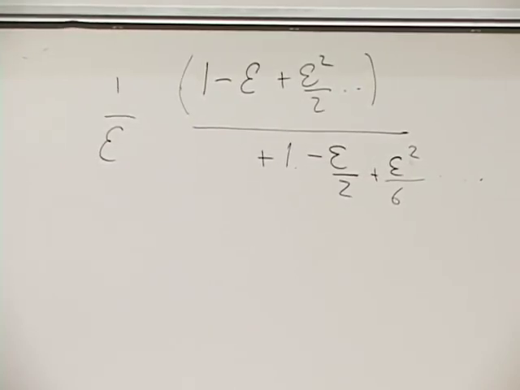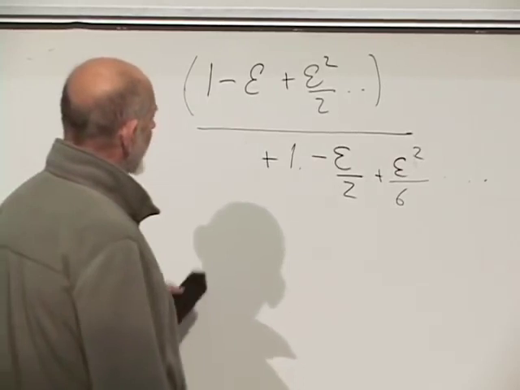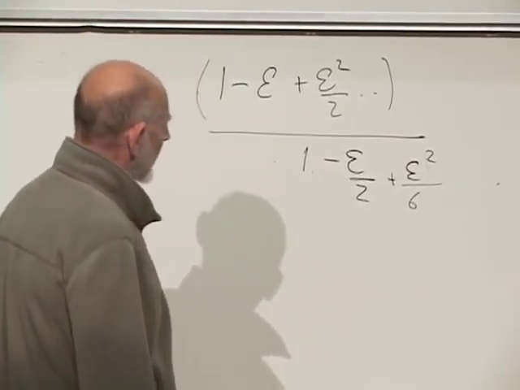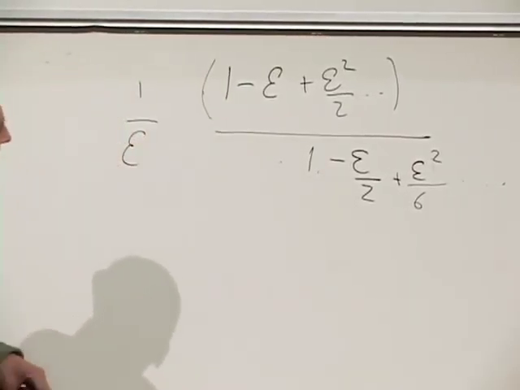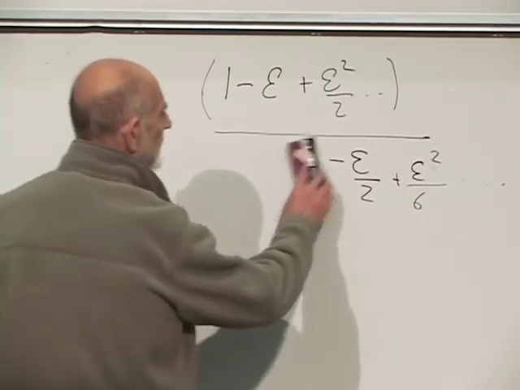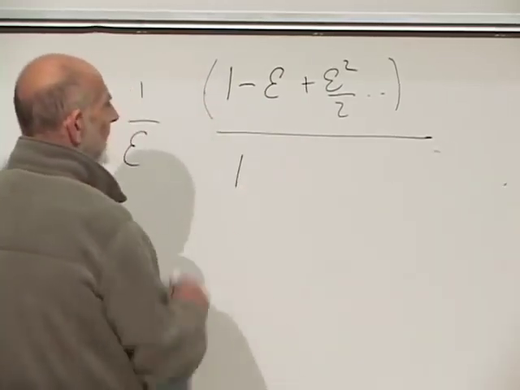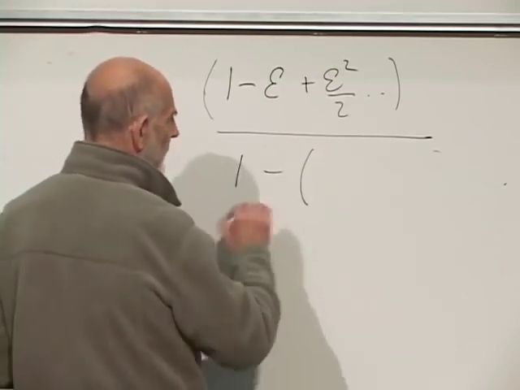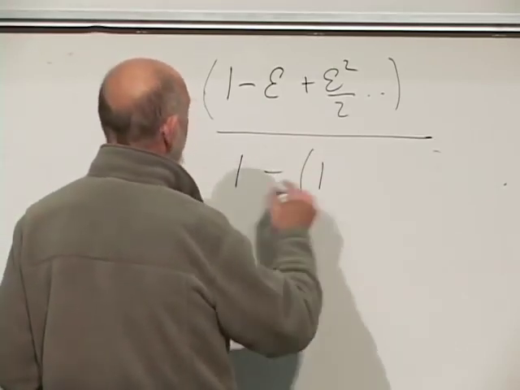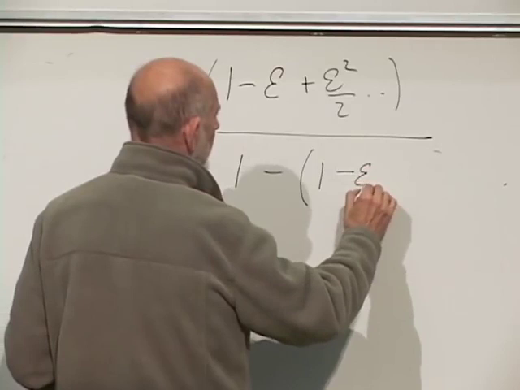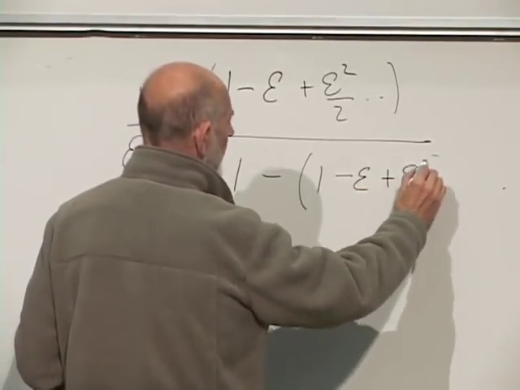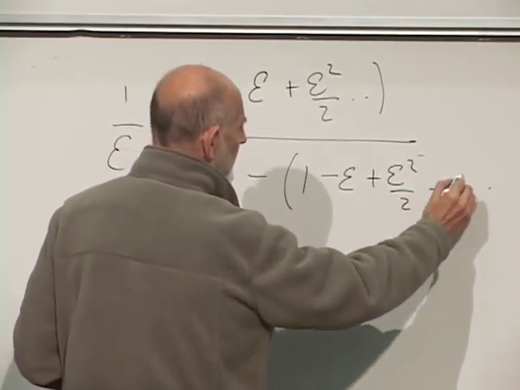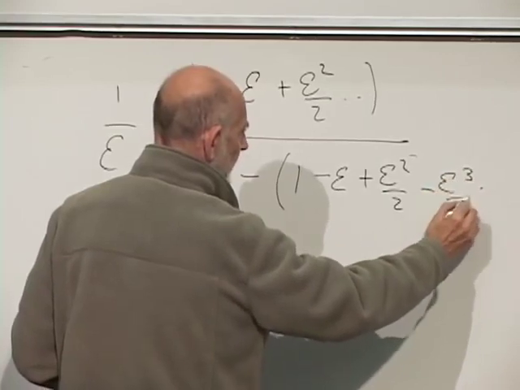Did I lose a minus sign? There's 1 minus the quantity 1 plus epsilon. Well, I thought I got it right. All right, should we do it over? 1 minus, put in brackets, 1 minus epsilon plus epsilon squared over 2 minus epsilon cubed over 6.